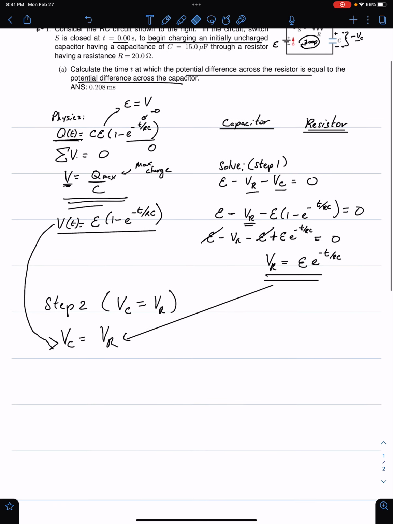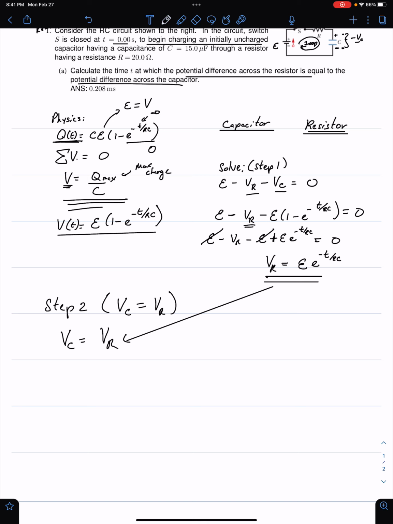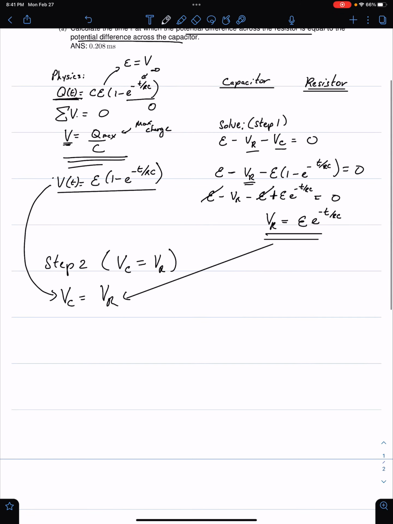That was an awful line. Let me just redo this line. Okay, so we have EMF times 1 minus e to the negative t over RC equals EMF times e to the negative t over RC.